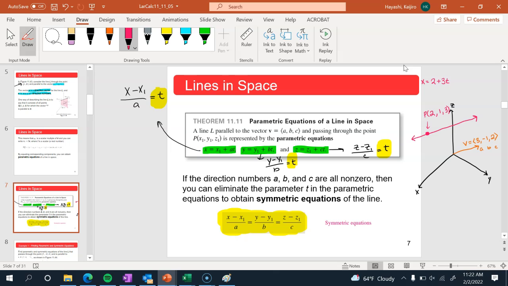I mean, it's not like time is really passing in this world. It's just a variable that can be a whole bunch of different numbers to describe the movement of where the line is, just so that you can get all the points on the line.